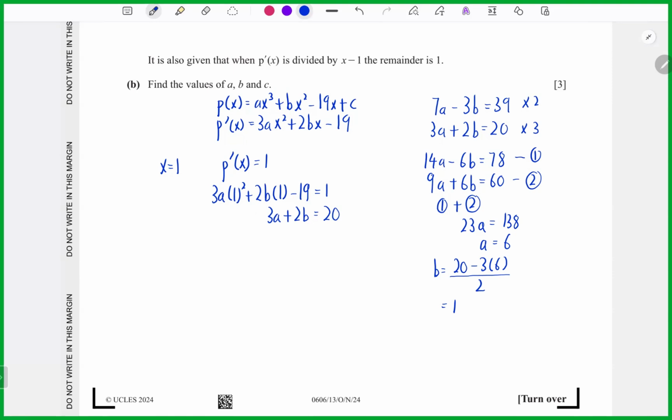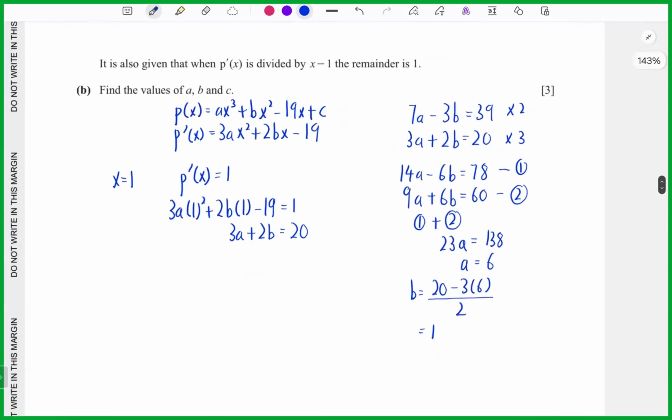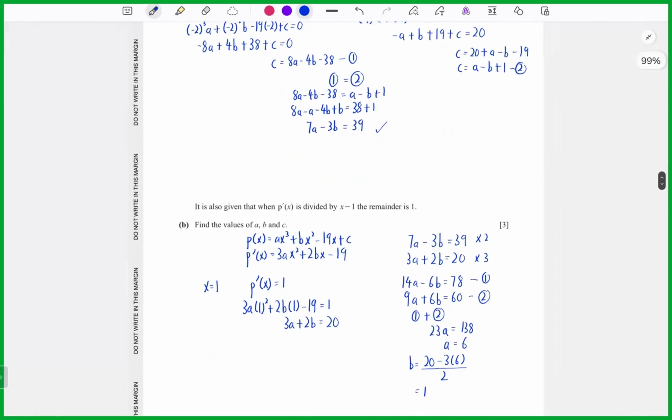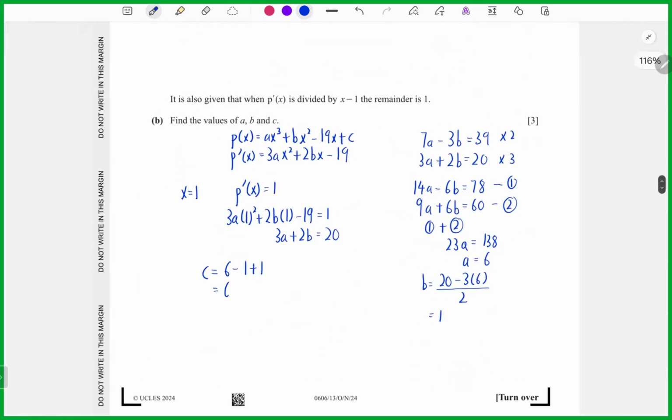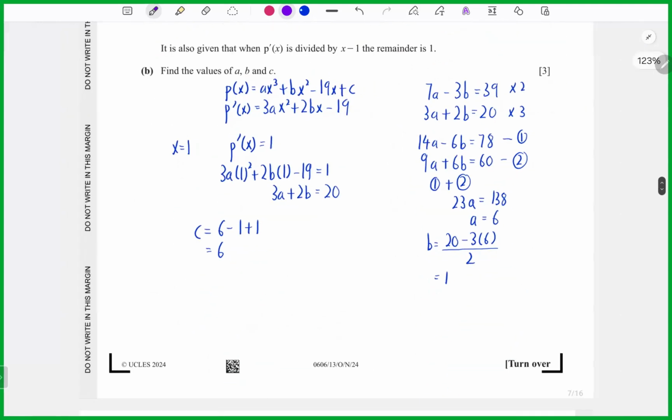And then now we find the value of c. We can take c equals a minus b plus 1, which is 6 minus 1 plus 1. So you also get 6. Why? Because I take the equation from here. So I summarize my answer: a equals 6, b equals 1, and c equals 6.